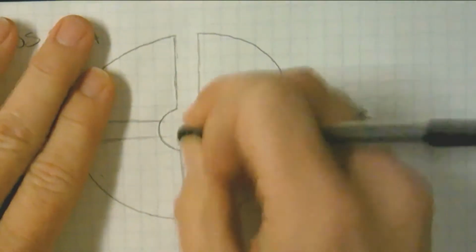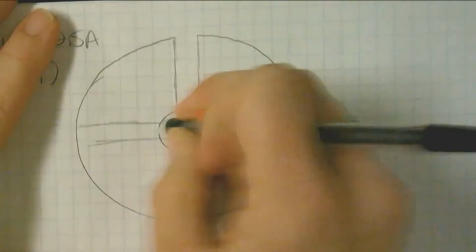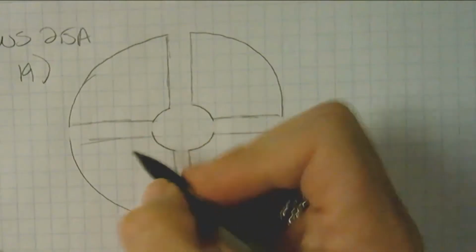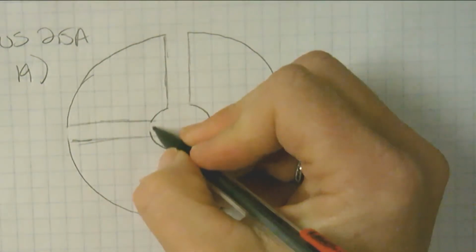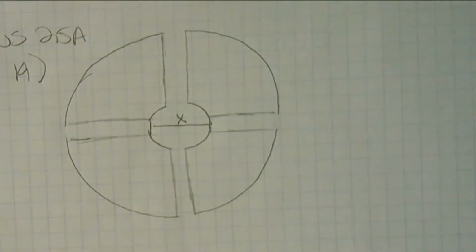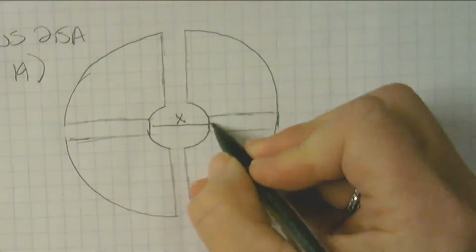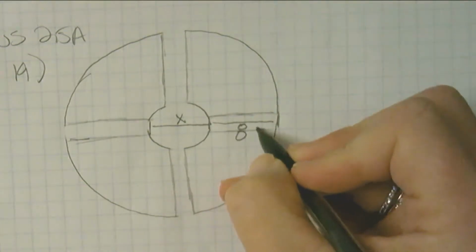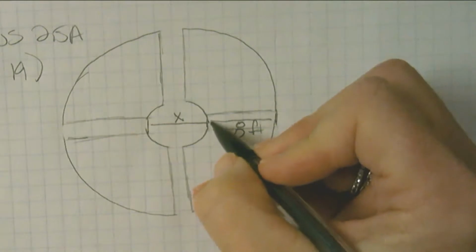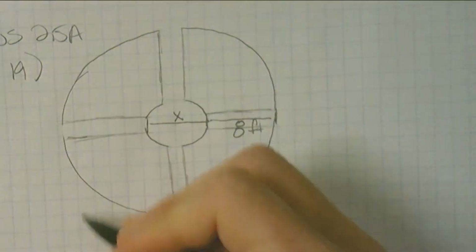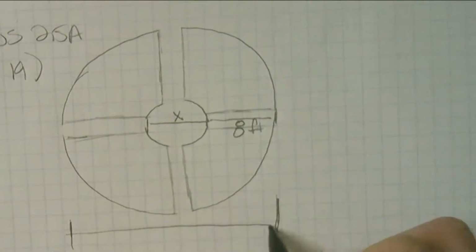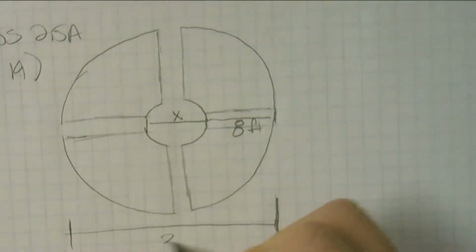Looks kind of like that. They have told us that the diameter of that center part is x. They've told us that this dimension here is 8 feet, and that's for all of them. And then they've told us that the overall diameter of the big circle is 3x.